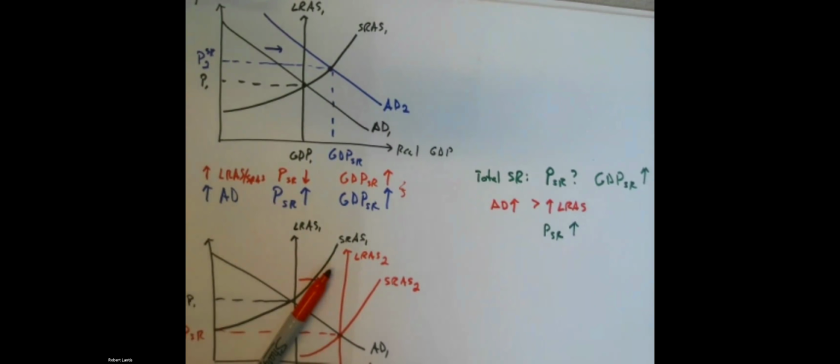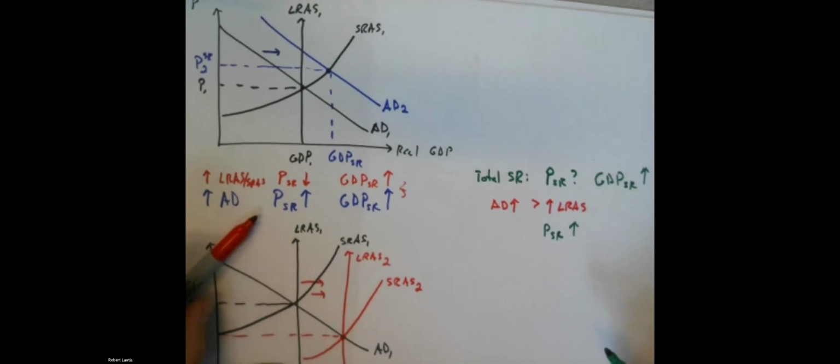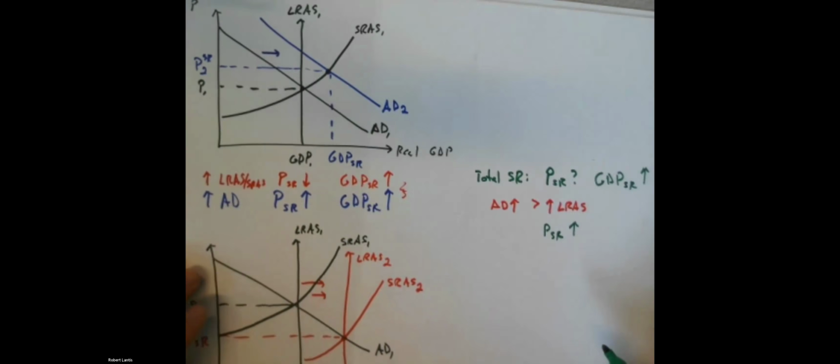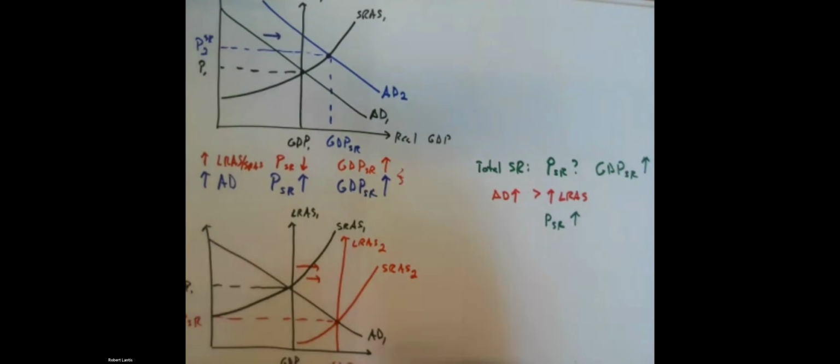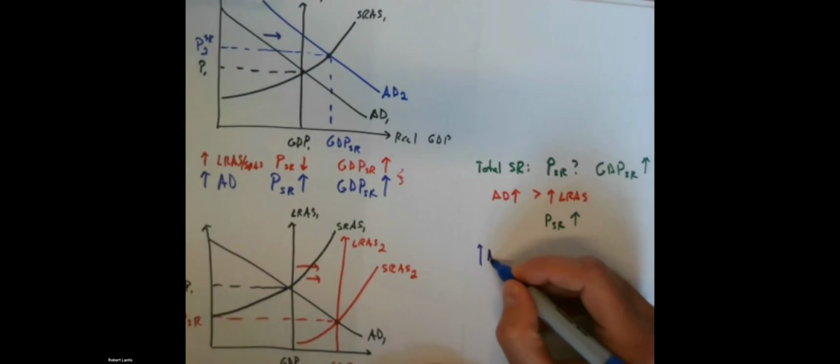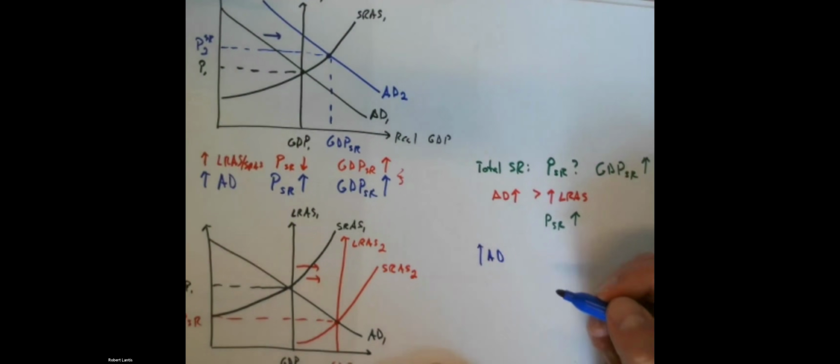Okay. Now, the second part is maybe a little bit trickier. So if we have this shift, and they're both increasing GDP, it gets a little bit trickier. Okay. So what's the impact of that aggregate demand increase on long and short run prices?